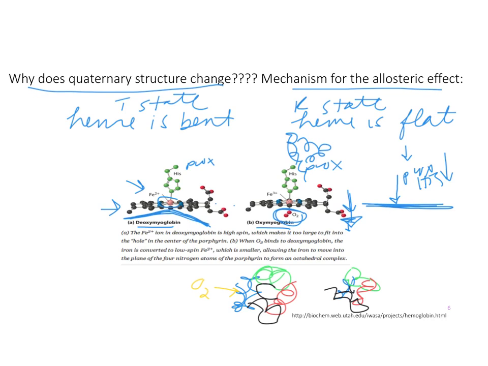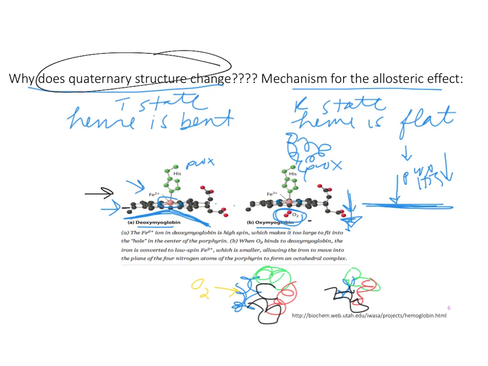All right, I'm going to just explain that all one more time in case you need to hear it 2 times. So what is it that causes the quaternary structure of hemoglobin to change or to have allosterics 2 different shapes? So in the unbound state, where the heme is not bound to an oxygen, the iron 2+ is too big to fit in the plane of the ring, and so it's sticking a little bit out.